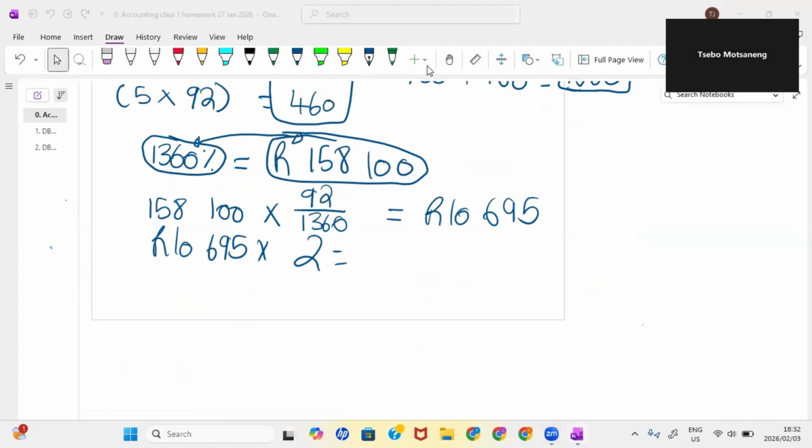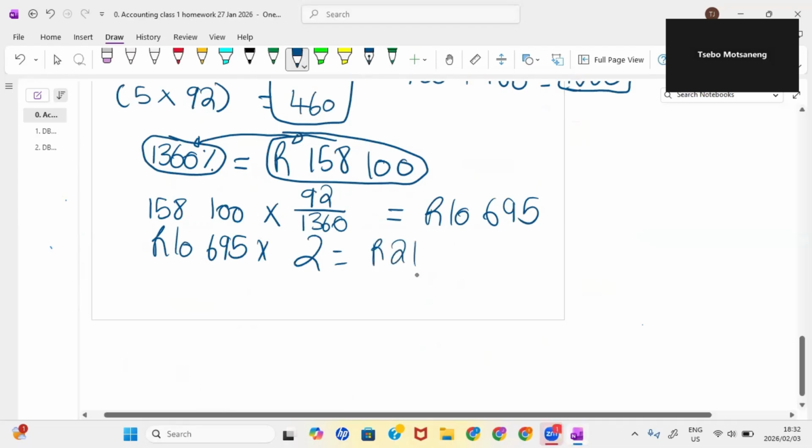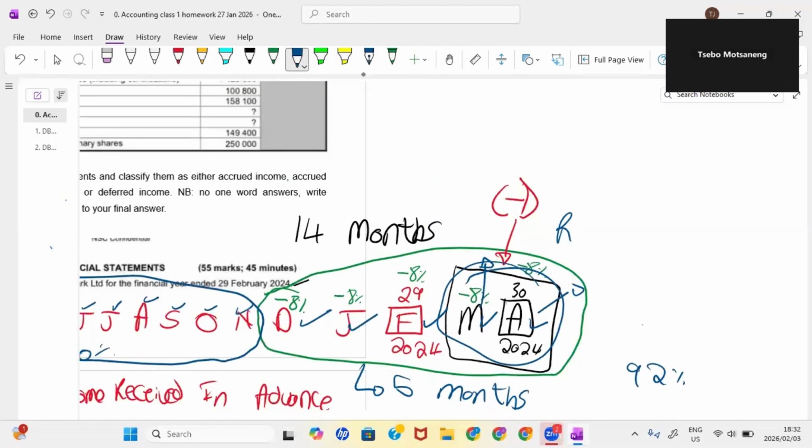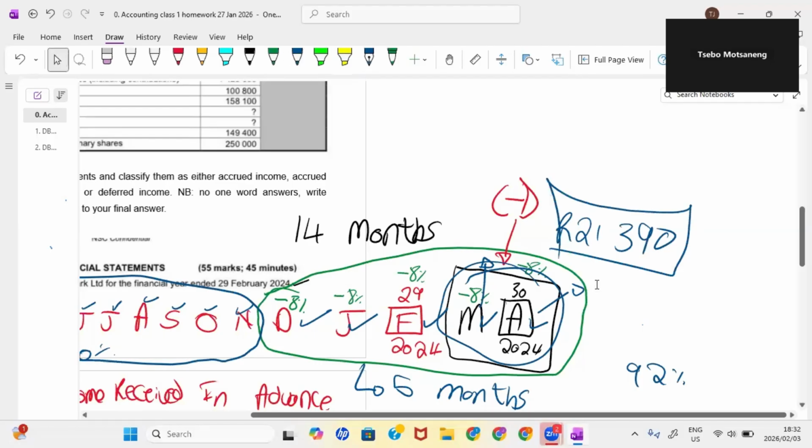Thank you, guys, for your participation. So for these 2 extra months, we actually received 21,390. This is the amount we have to subtract from our statement of comprehensive income, right?